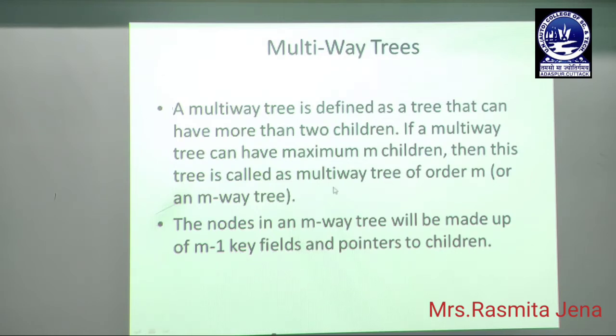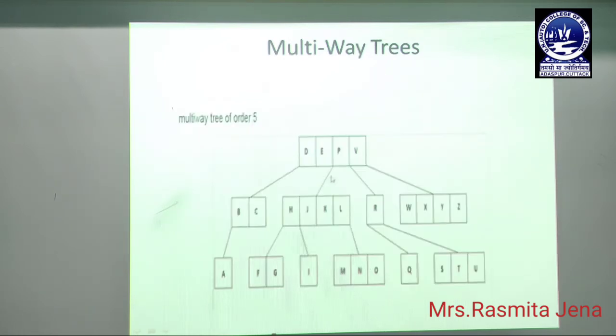That means if a tree is a multi-way tree of order m, it is made up of m minus 1 key fields, and each key field will point to its corresponding children. Okay. So let us see one example of a multi-way tree.